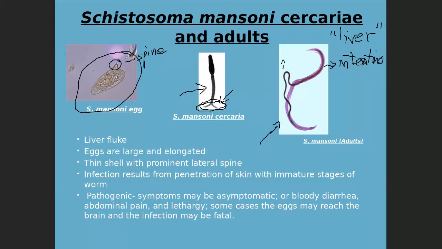We have the male and the larger one that looks kind of pink here because of the stain that was used is going to be the female. The way it works out with the helminths is that the females tend to be larger than the males. And in this specific case that you have both of them in this slide, it's because they're actually fertilizing eggs at this point.